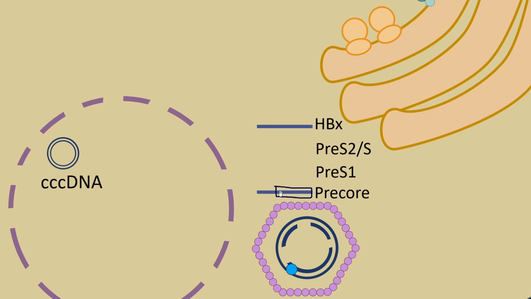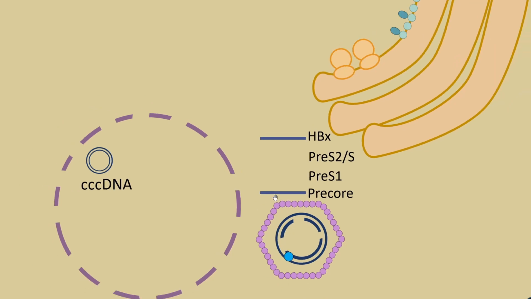And before the core gene, there is a small sequence of nucleotides which is called the pre-core region. Translation starts from the start of the pre-core region and terminates at the end of the core region. This whole polypeptide that is formed, this whole protein, is the E protein or E antigen, right?